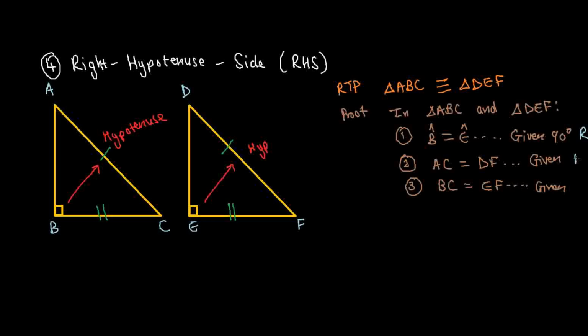And we can also see that the two hypotenuses are equal to each other. AC is equal to DF. And lastly, we can see that a pair of random sides are equal to each other. So that's S, a pair of sides are equal. So my final concluding remark is that therefore triangle ABC is congruent, this is the sign for congruent, to triangle DEF, and the reason for that is right hypotenuse side.